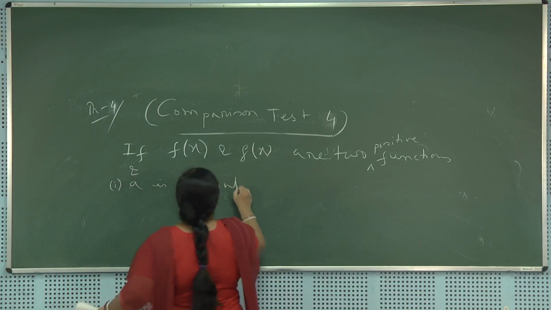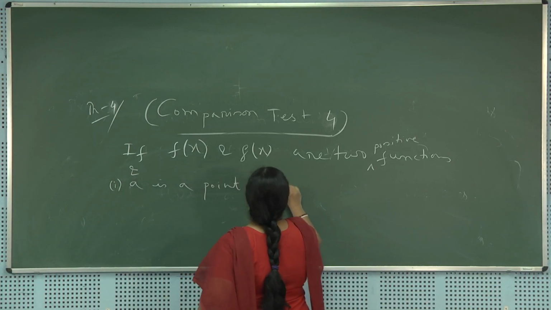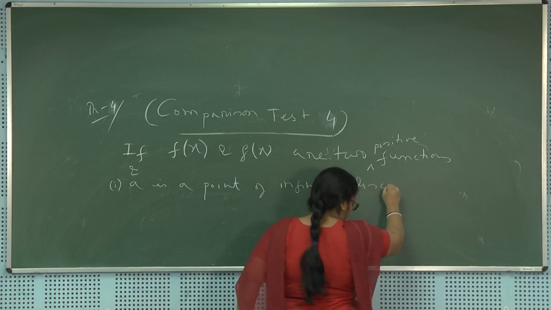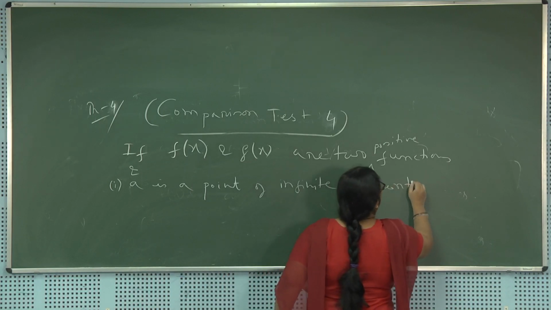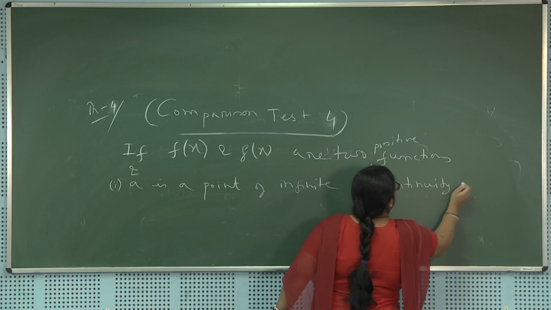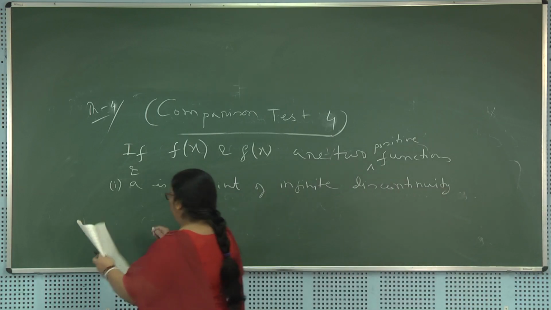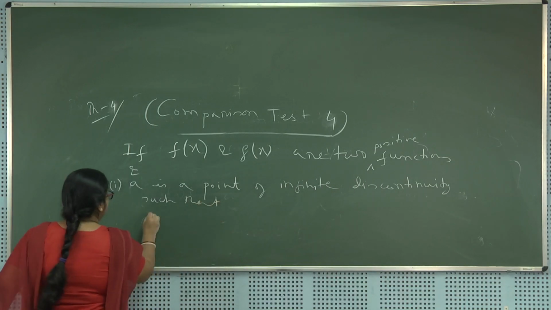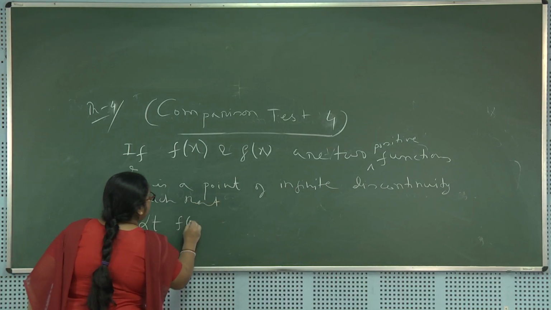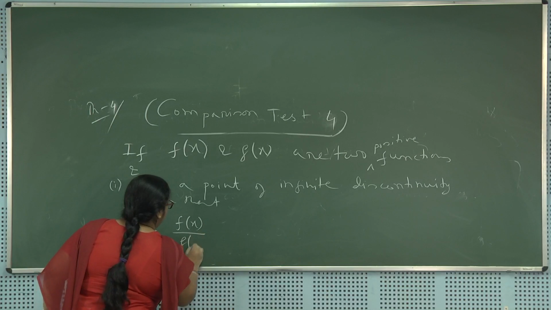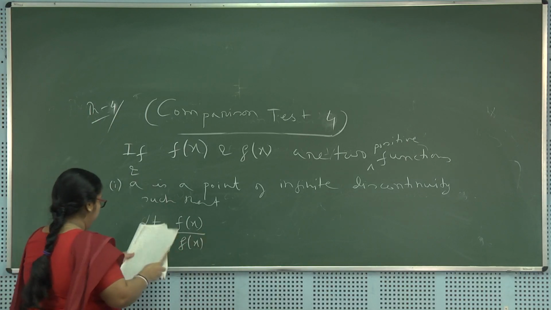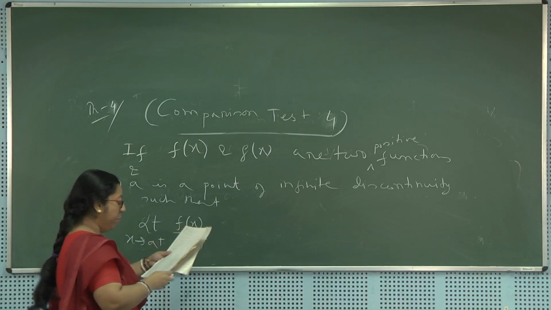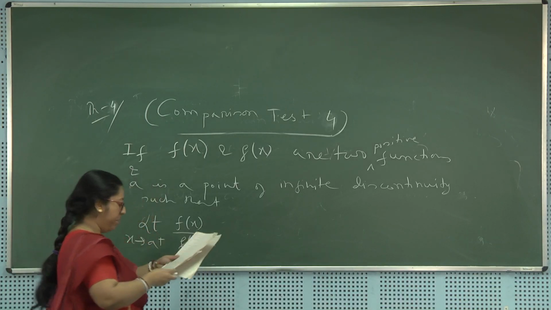a is a point of infinite discontinuity such that the limit of f(x) upon g(x), where a is the lower limit, so x tends to a plus, remember we take the lower limit plus and the upper limit minus.